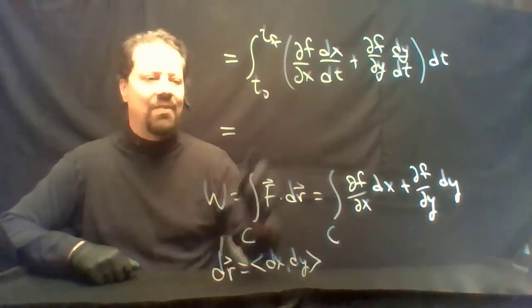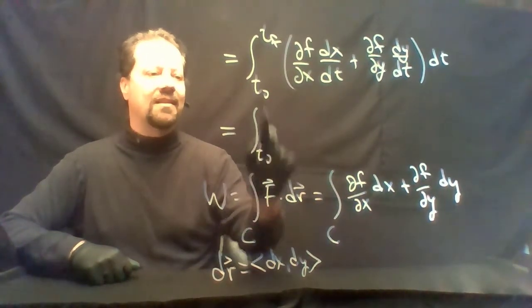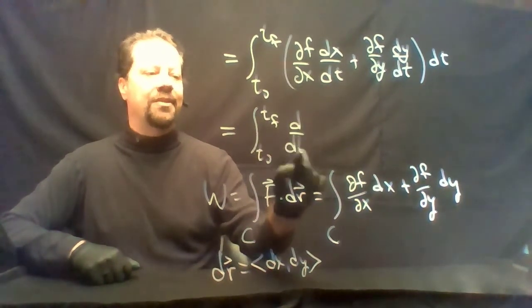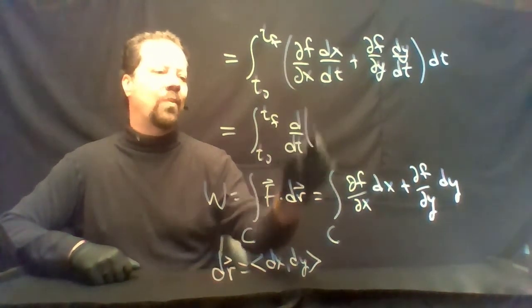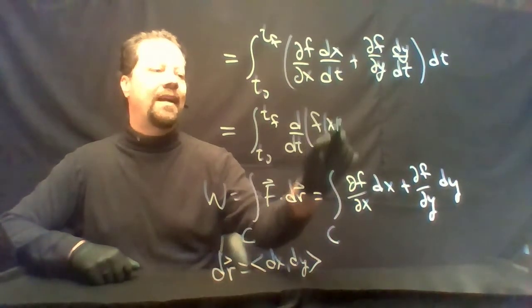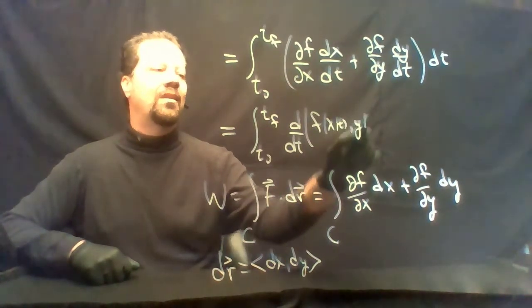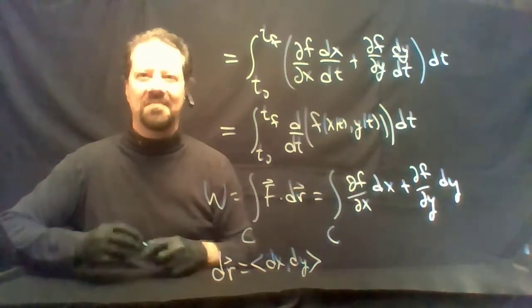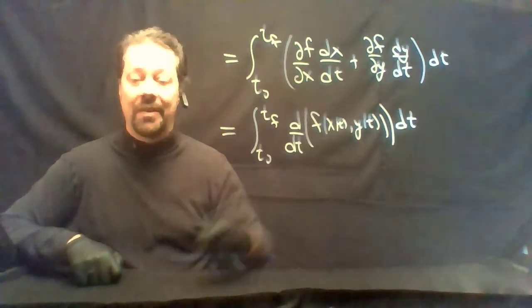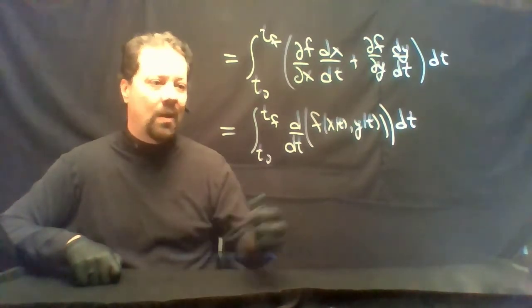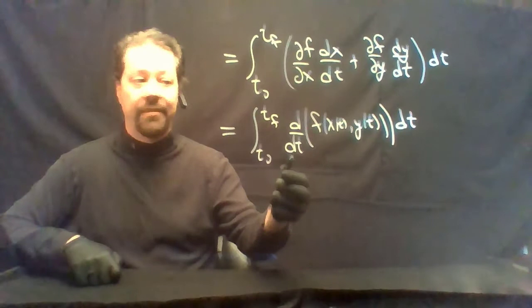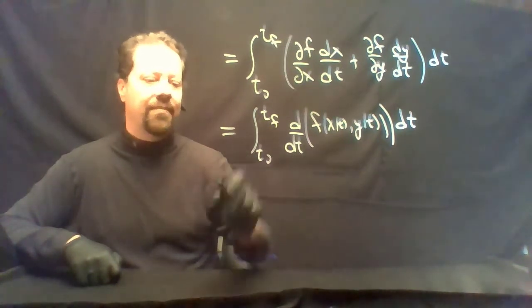But by the chain rule, that's the integral from t0 to t final of the derivative with respect to time of the quantity f of x of t, y of t, dt. This is now an integral of the type from Calculus 1. The antiderivative of the derivative is just the original function.